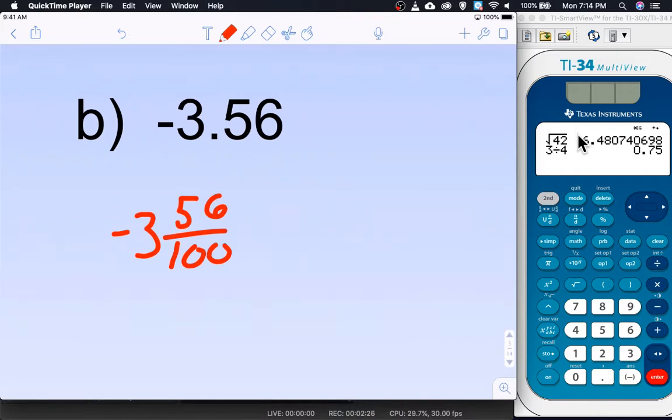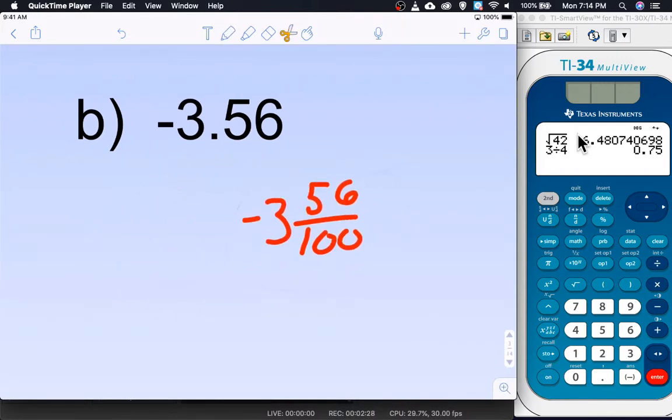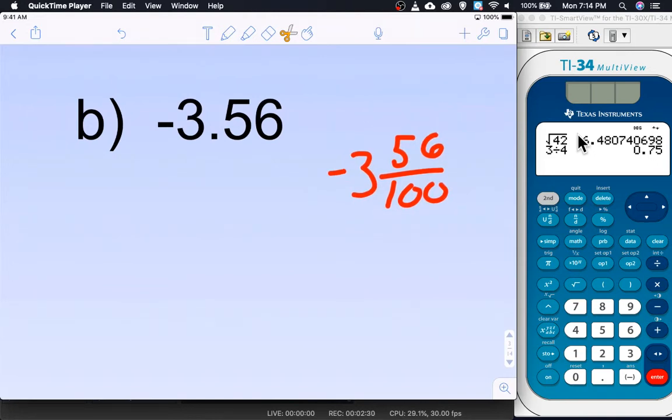That is what it would be as a fraction, at least to start, and then we would simplify that fraction. Now, if you don't know how I got that, well, the -3 is just going to be your whole number -3. The part after the decimal is going to be your numerator.